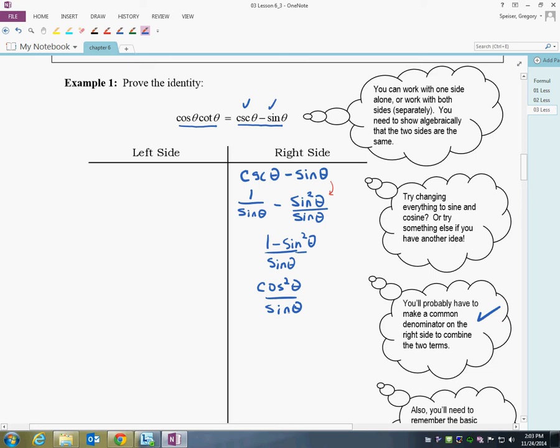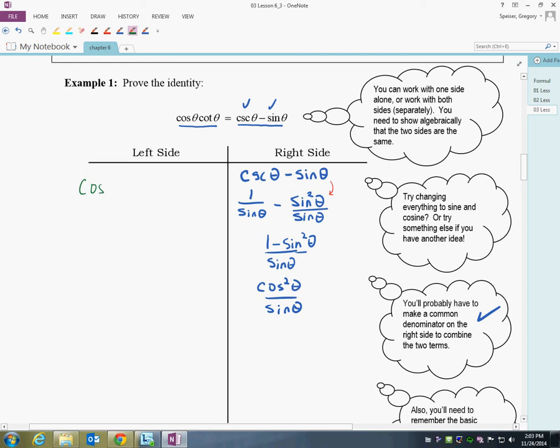At this point, it might be hard to say, okay, I've kind of simplified it as much as I can. What if I work a little bit on the left-hand side? So I'm allowed to do that. I could go on the left-hand side here, and I'll just switch to green just to note that I'm doing something different over here.